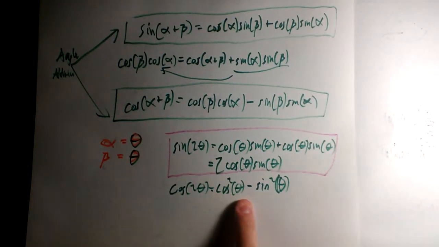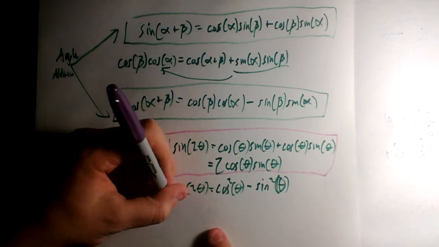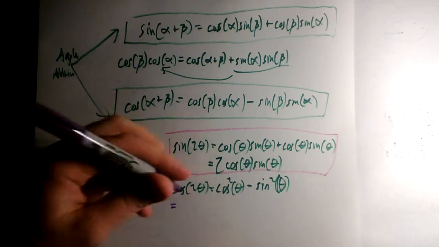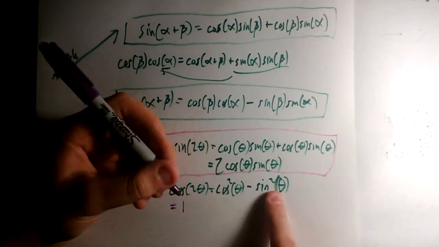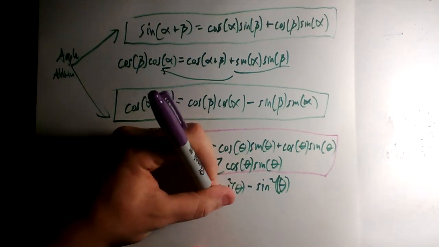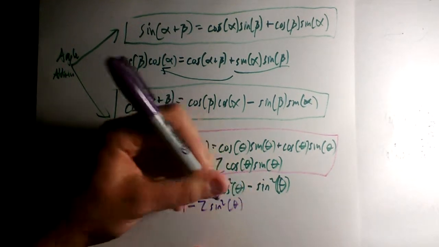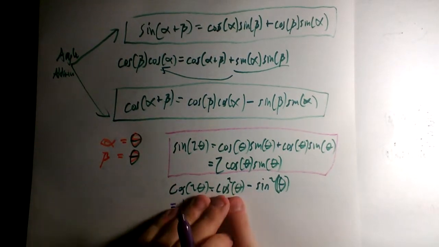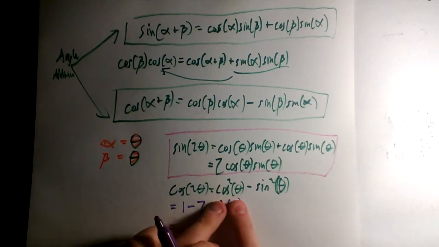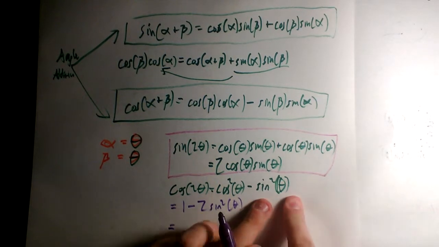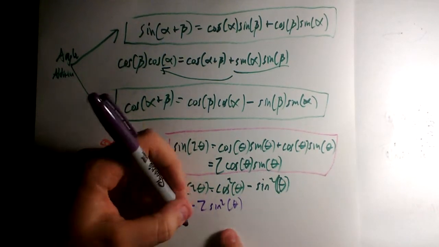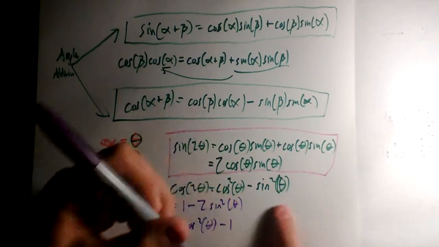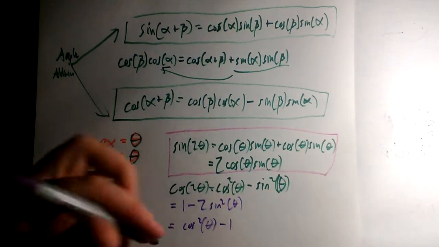And now this one can also be rewritten. So let's just rewrite its other forms. If you make cosine squared 1 minus sine squared, because that's the same thing, then you have 1 minus sine squared minus sine squared. So you have 1 minus 2 sine squared theta. That is equal to cosine of 2 theta. And what's also equal to it is, what if instead of substituting 1 minus sine squared here, let's substitute 1 minus cosine squared here. So we now have cosine squared theta minus 1 minus a negative cosine squared theta.